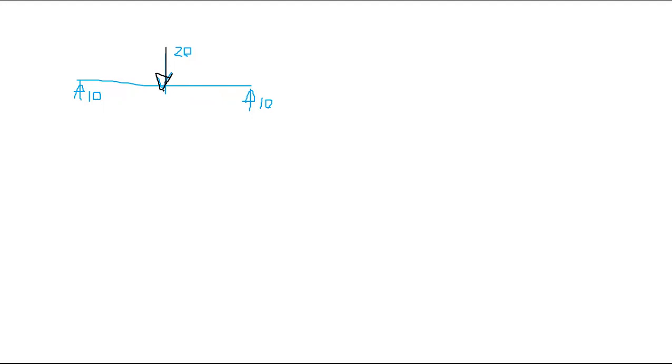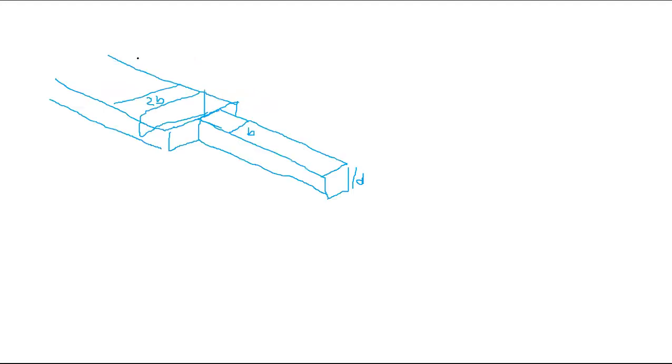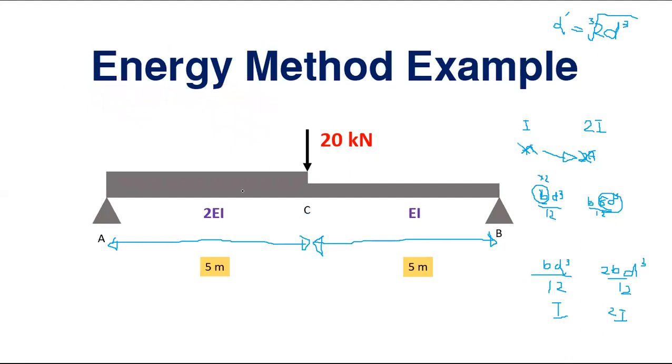And the reactions do not depend on the geometric change, right? So it doesn't matter what happened to the beam. If you have something like this beam, let's say this is 3EI and this is EI, doesn't matter, or else this is a uniform beam, does not matter, your reaction is the same in each case.